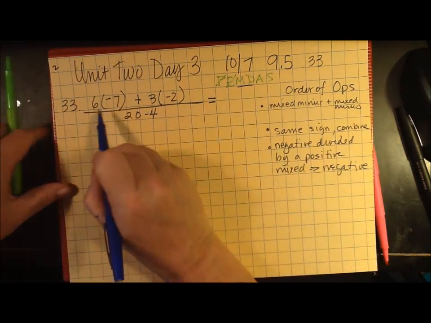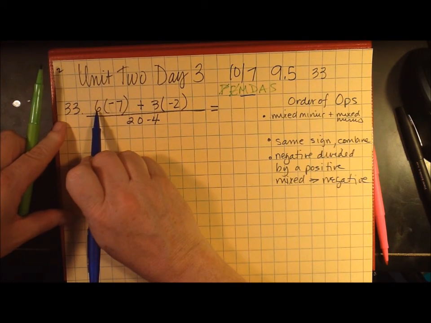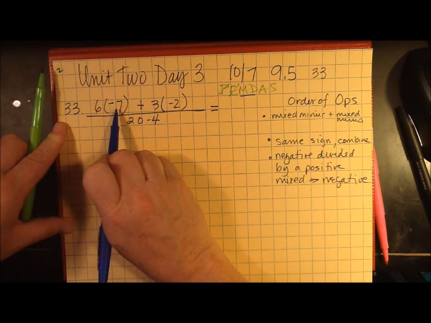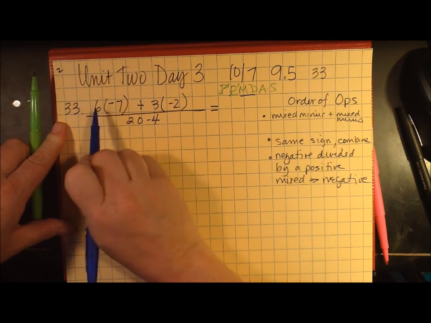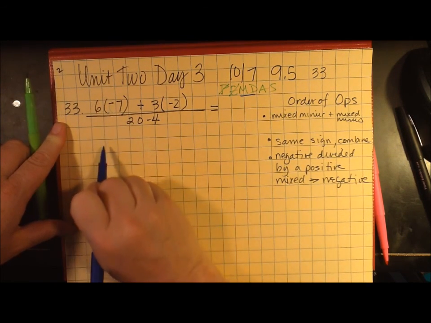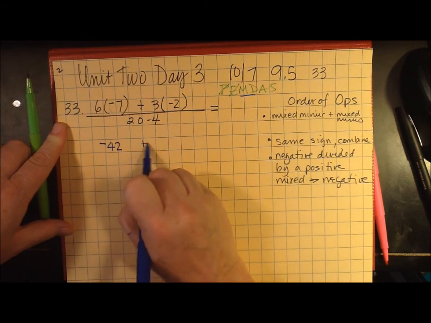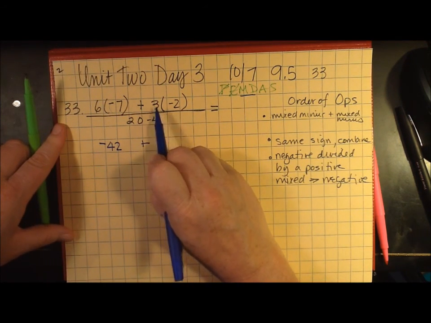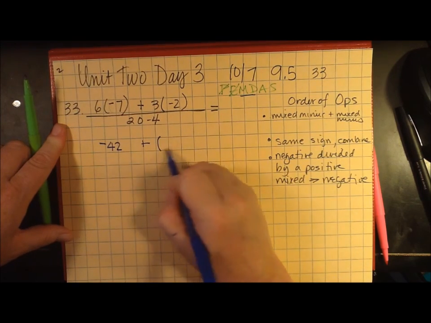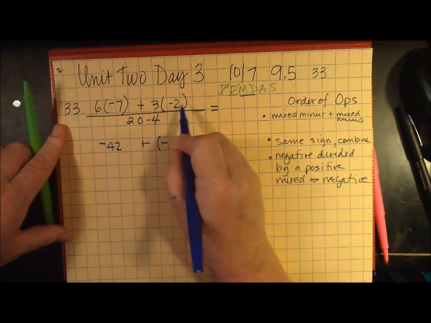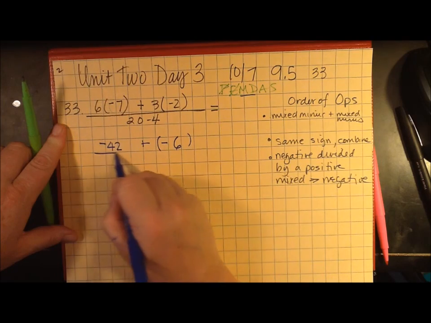So here I have a positive times a negative, so the answer will be negative. 6 times 7 is 42, so I have negative 42 plus, I have a positive times a negative, so my answer will be negative, and 3 times 2 is 6.